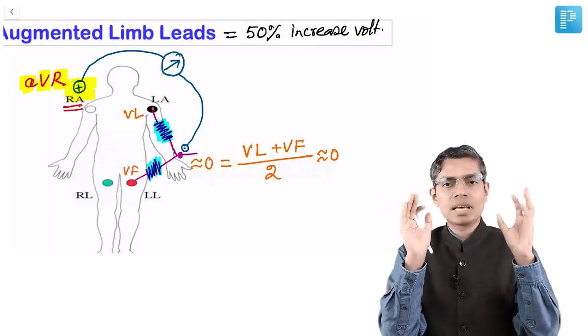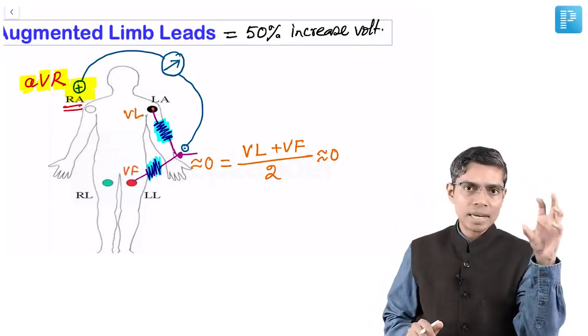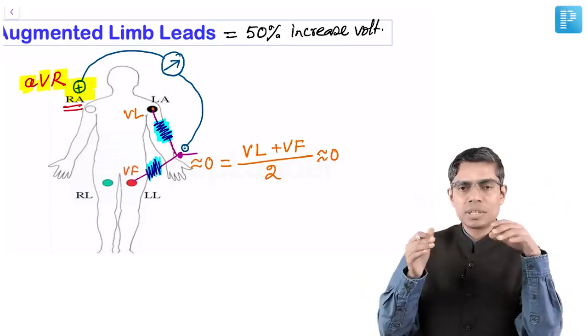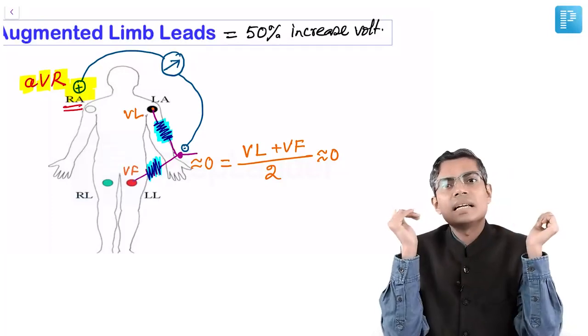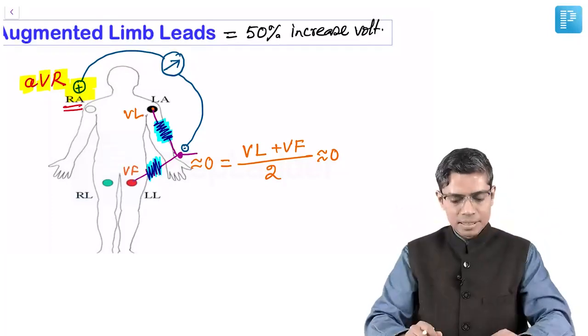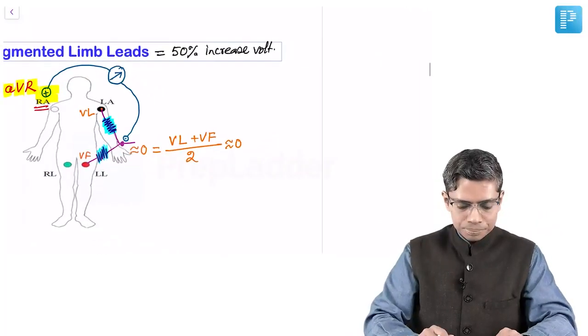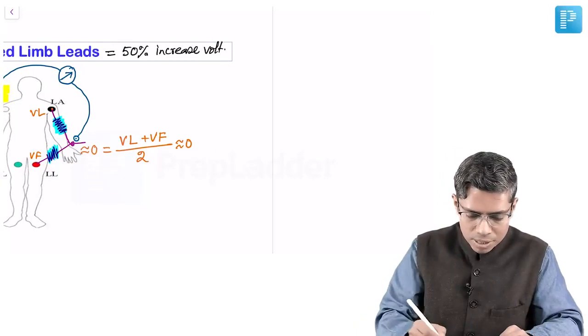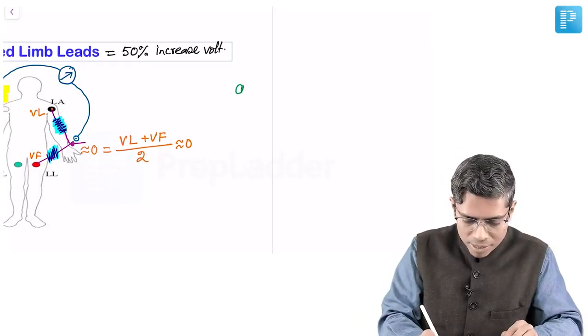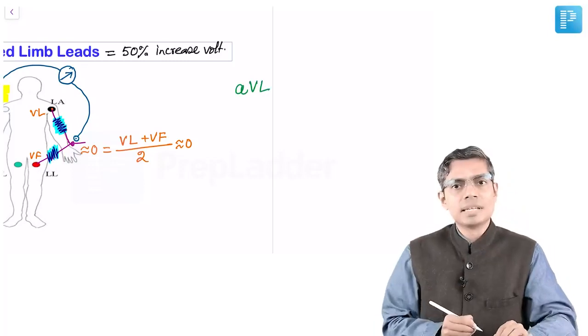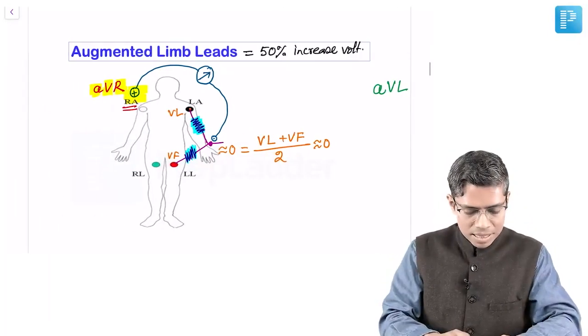Getting my point? So if I want to augment a point, the other 2 points have to be connected first, and that will make an indifferent point, right? Similarly, if I want to produce this connection, which connection? Augmented VL. Previously we discussed AVR.